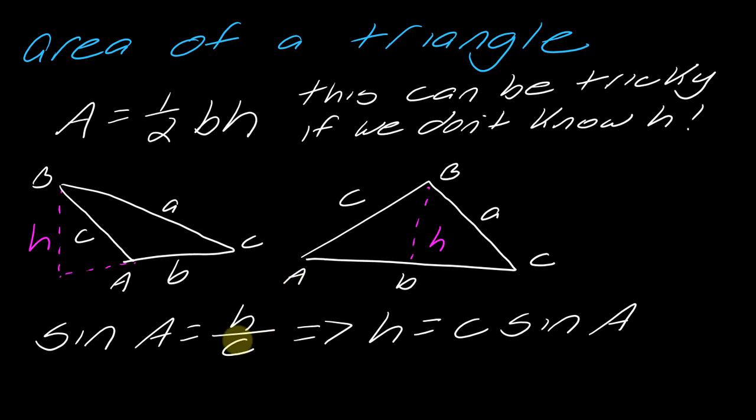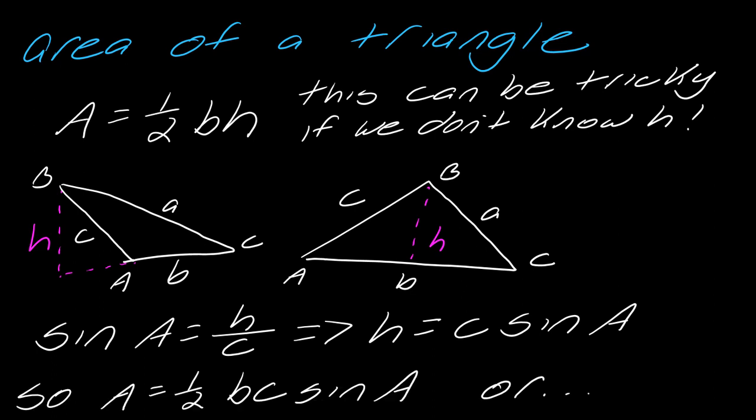So what that means then is this h, which is hard to find, I can actually solve this equation for h, and get this as c times sine A. And so now in doing this, notice that the base in both cases is this side b. I can now replace this h with this c sine A. So the area can alternatively equal 1/2 bc sine A.